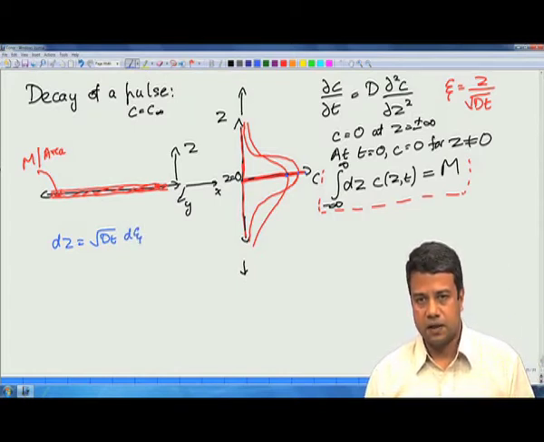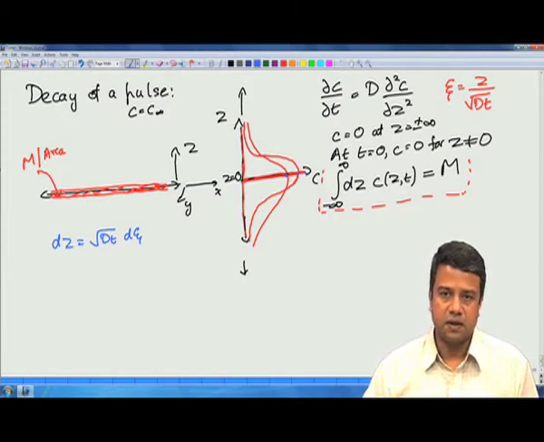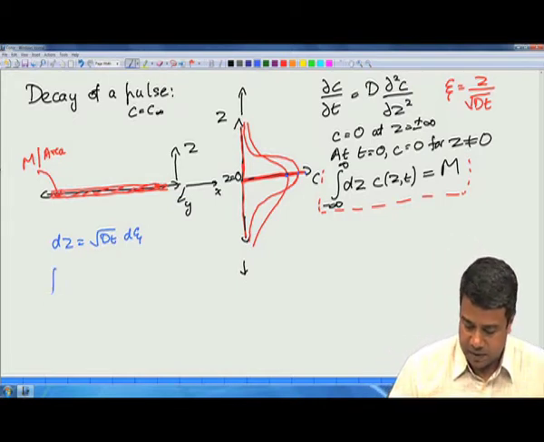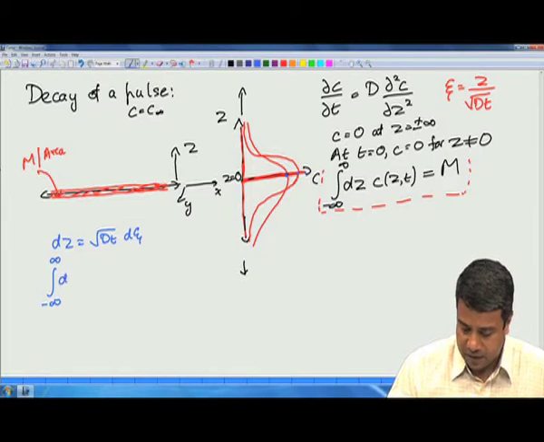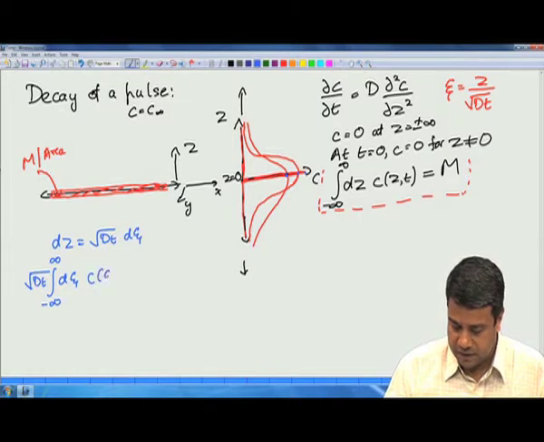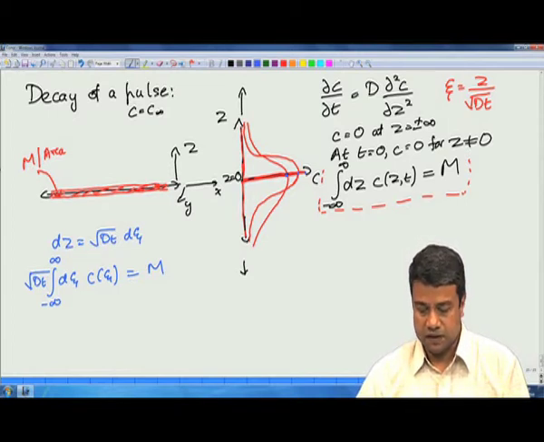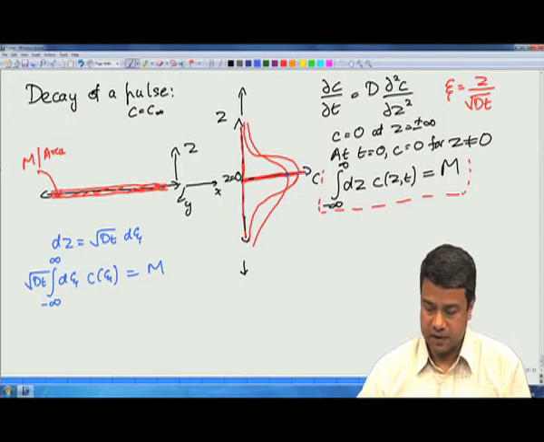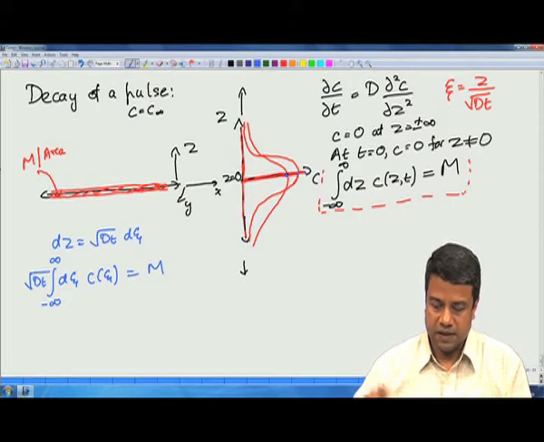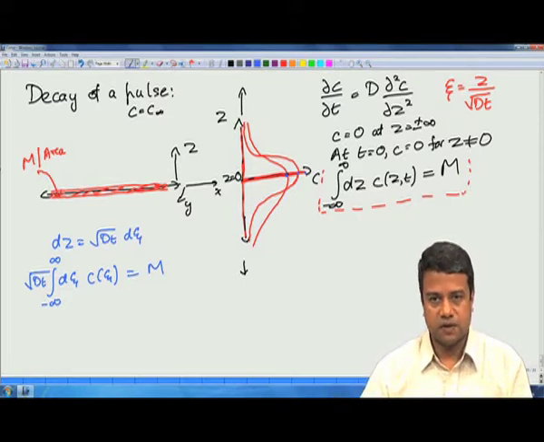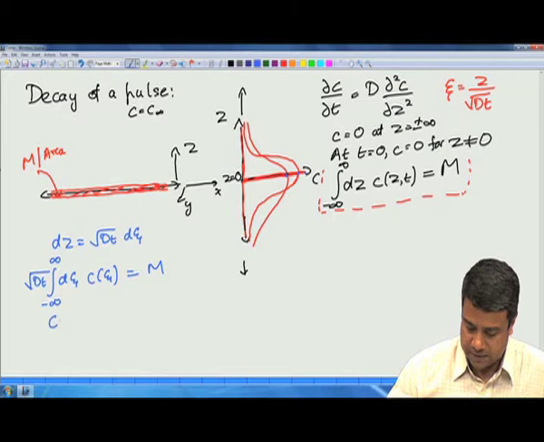Therefore, if the concentration field is now only a function of psi, my condition becomes the integral from minus infinity to infinity d psi root Dt times c of psi is equal to m. Therefore, this maximum concentration is actually decreasing with time. By this scaling argument, if the total mass is fixed and the length scale for penetration is root Dt, the maximum concentration has to decrease as 1 over root Dt.